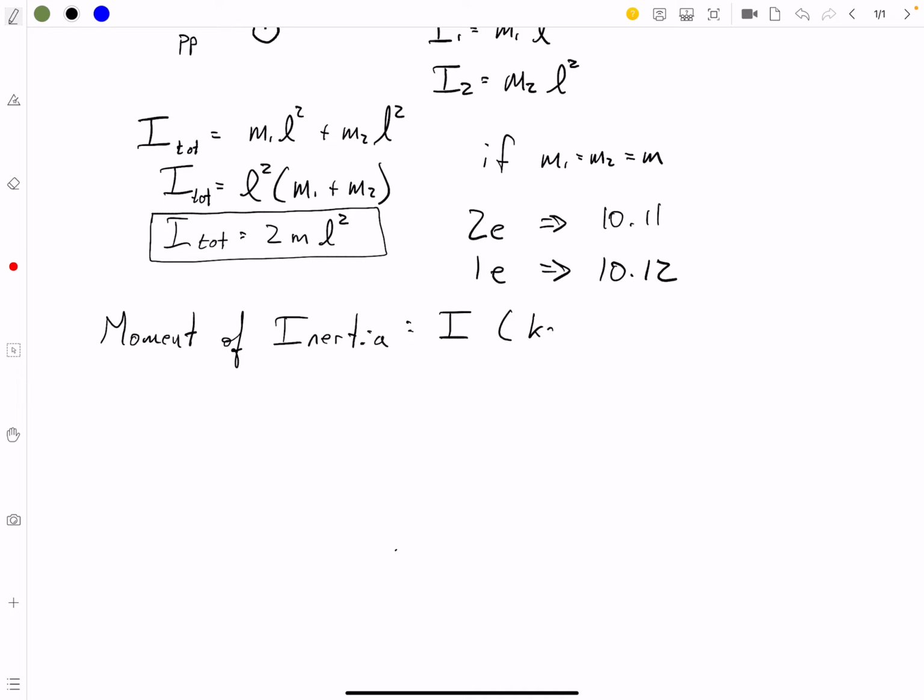So mass is in kilograms. Length is in meters. So it would be kilograms meters squared. Okay, and there's no name or somebody famous, nobody like Hooke or any of that other stuff to name this unit. So it's just kilograms meters squared, okay? And the symbol is I, capital I.